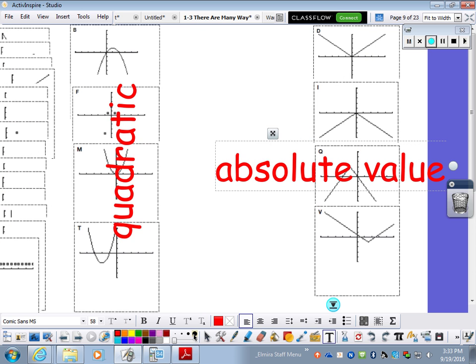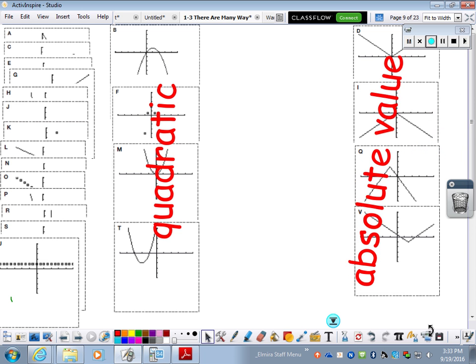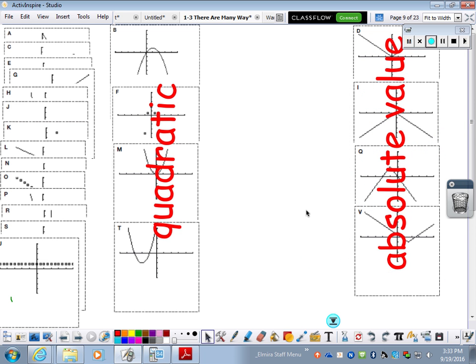Now the book refers to them as linear absolute value because they make V's with lines. That's all we really talk about in this course. We don't do absolute values around exponents or anything like that. So I will often shorten linear absolute value to just absolute value.